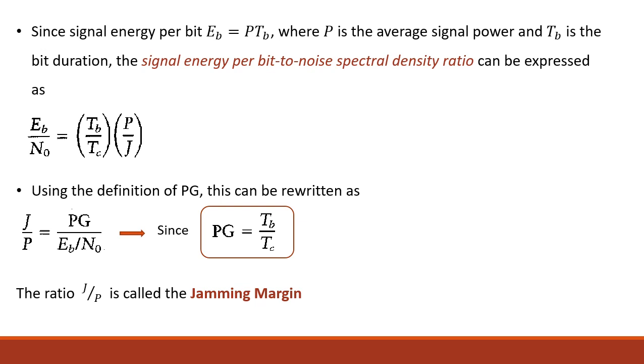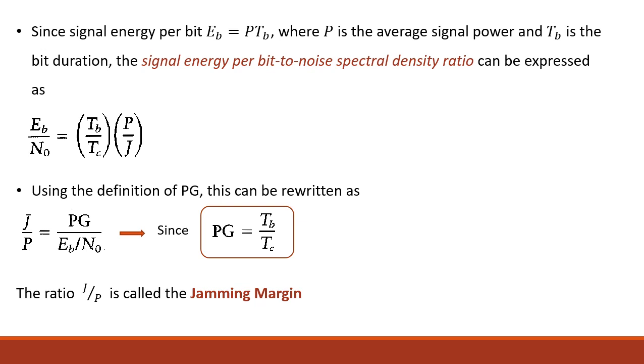Now we use the definition of processing gain or PG, and we rewrite this equation as capital J by P equals the processing gain by EB by N naught, since we know that the processing gain is equal to TB by TC.